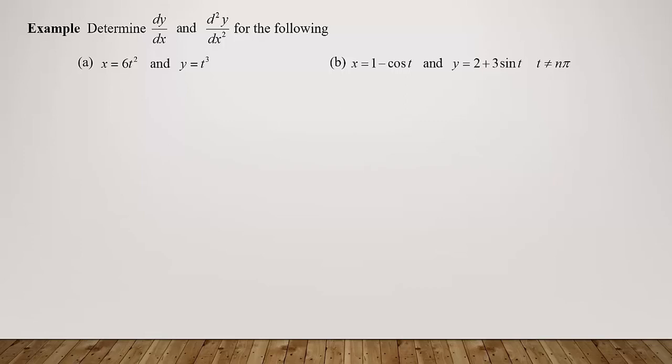In part B, our parametric equations are x equals 1 minus cosine t and y equals 2 plus 3 sine t, as long as t does not equal n times pi, an integer multiple of pi. So let's head off to the chalkboard and do a little calculus of parametrics.